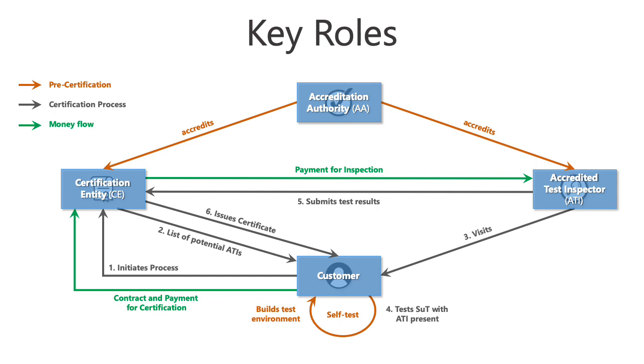It is now as long as we are in the initial operation capability, which will probably end by the end of this year. So the idea is that the customer pays for the certification to the certification entity, and the certification entity makes sure that the accredited test inspector also gets paid for his or her service.